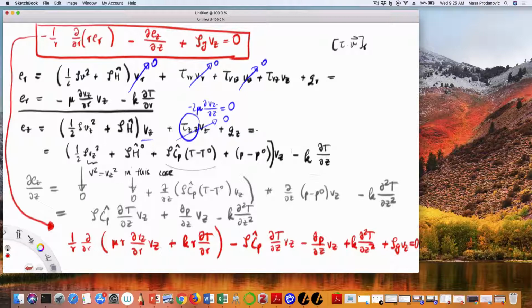So one thing that we're going to eyeball here to simplify, since there are some elements that are similar to the equation of motion, I am going to break this down. Because there's rho g here times Vz, there will be the partial derivative of this first term times Vz, and then this term times the partial derivative of Vz, and then dp/dz times Vz.